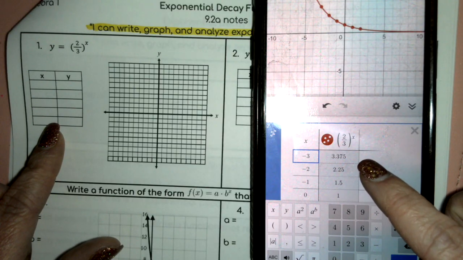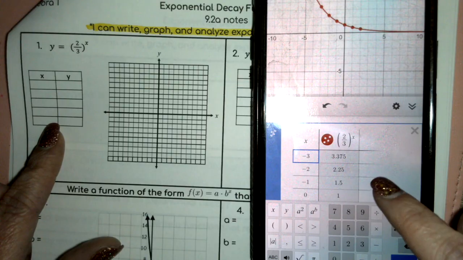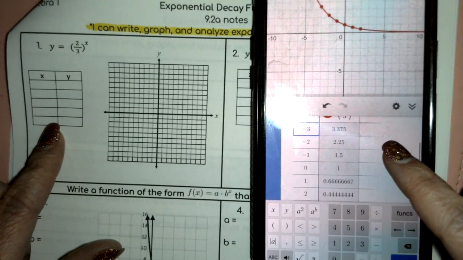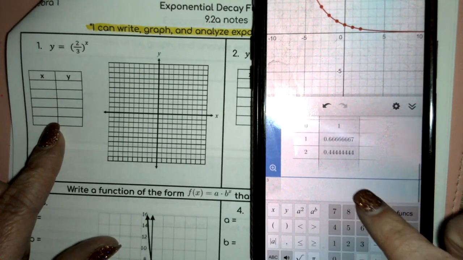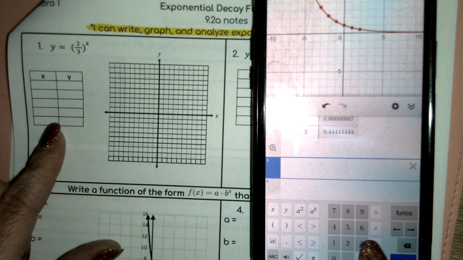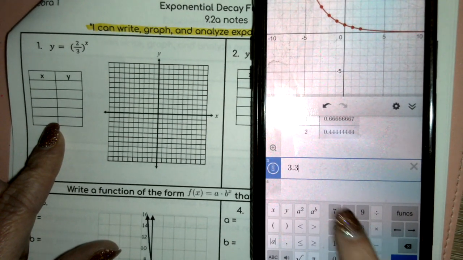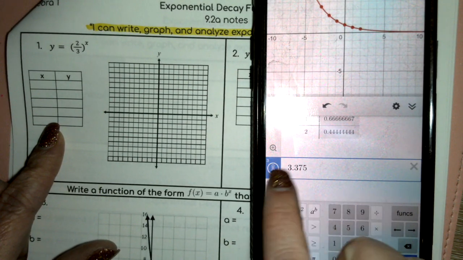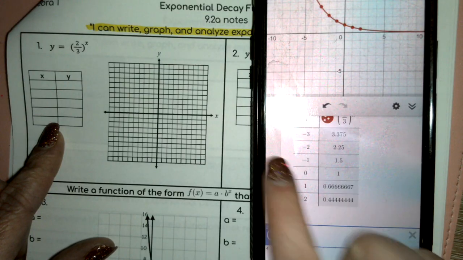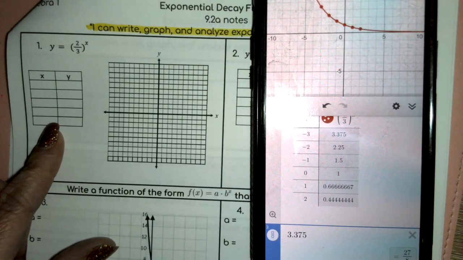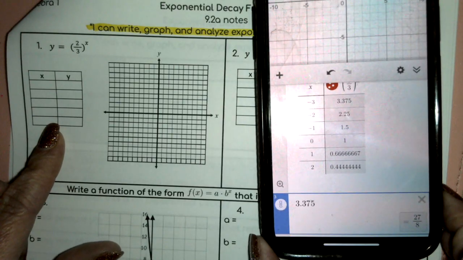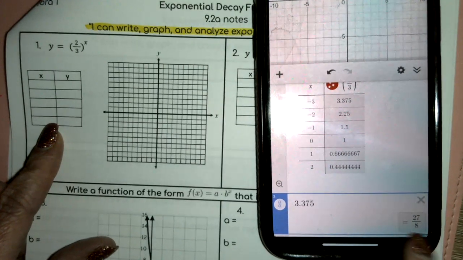To figure out what that fraction is, you're going to type 3.375 in box number 3, and then hit this little blue circle here. When you hit that little blue circle, it'll change it over for you. And if you notice, it says 27/8.